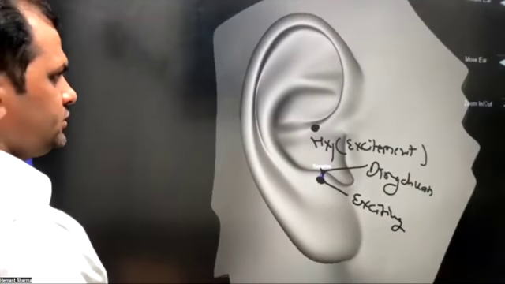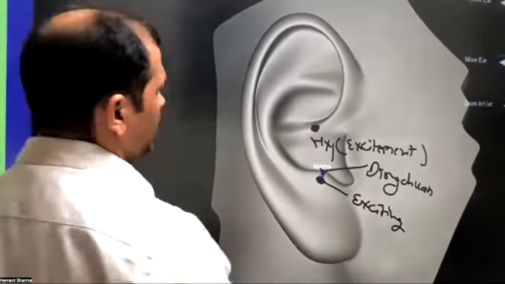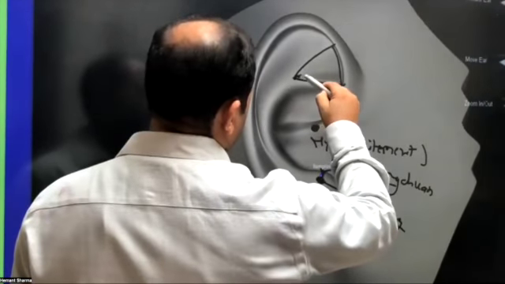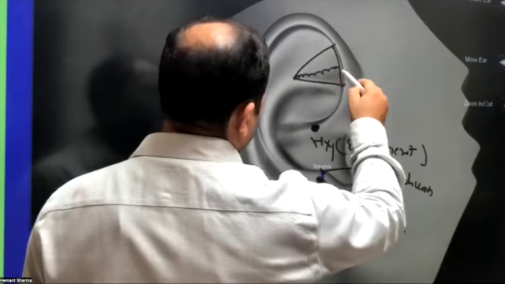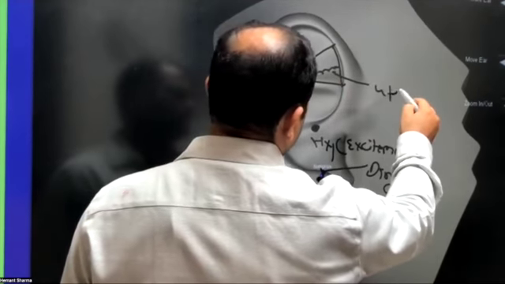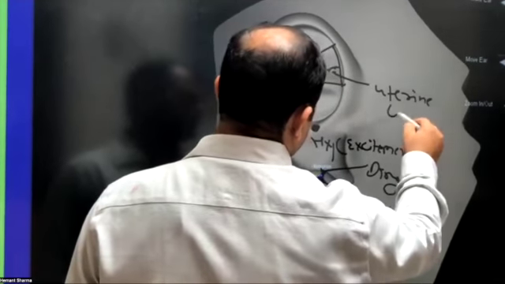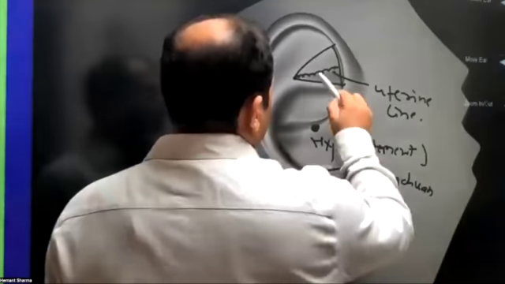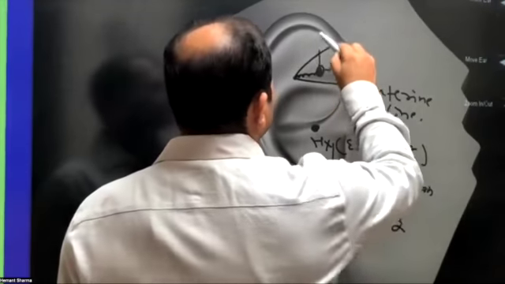Now another point I told you about is the cervix. This is the triangular fossa and this is the uterine line. So the center point is ovary.